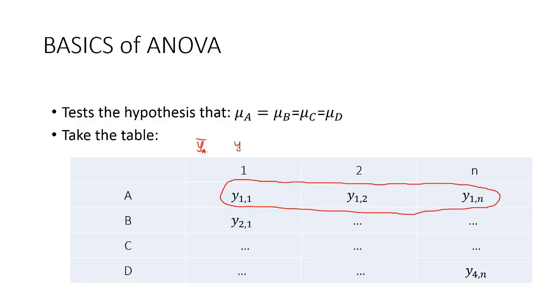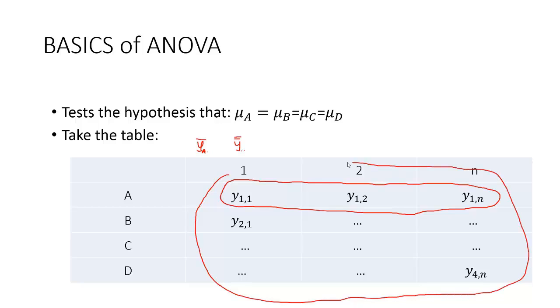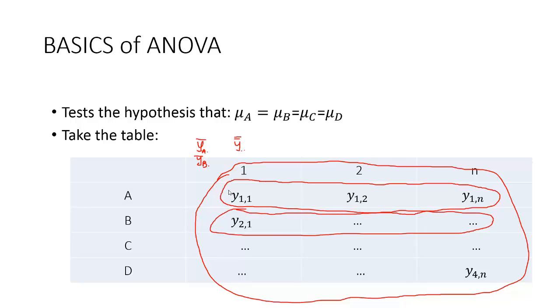Y bar bar dot dot is nothing but the average of all the numbers here. So if I want a row-wise average, I say y a bar dot, and similarly y b bar dot for this row, right? So this would be y a bar dot, this could be y b bar dot, and so on.